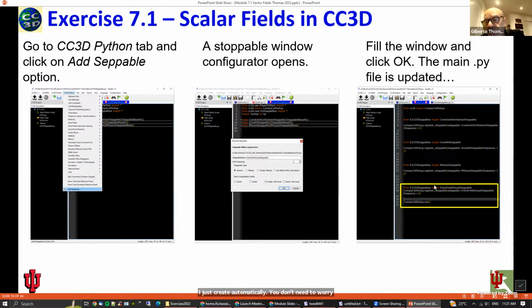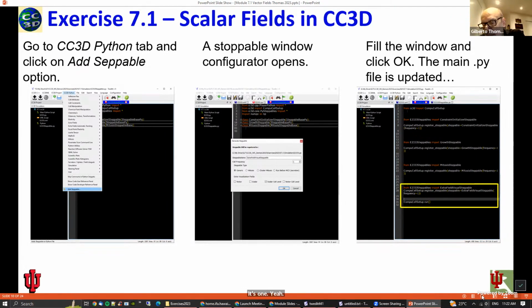See, here is the line in the main Python file for the steppable I just created, extra field visual steppable. And the frequency it's called, you can define here in the definition of the steppable, it's 1 here.